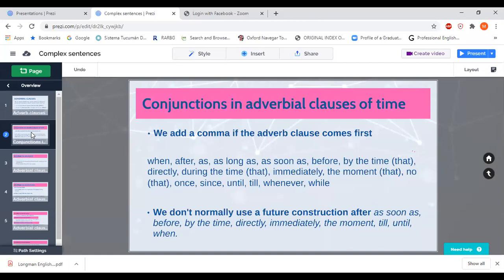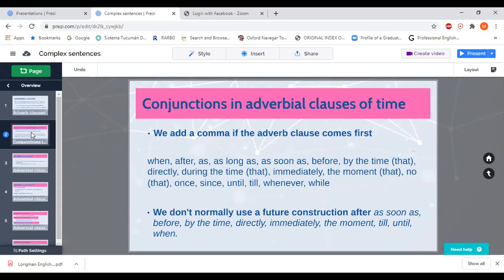And this is also very important. We don't normally use a future construction after as soon as, before, at the time, directly, immediately, the moment, till, until, and when. We typically use either a present simple or a present perfect structure here, okay? And I think we had discussed examples of this when we were talking about present simple.